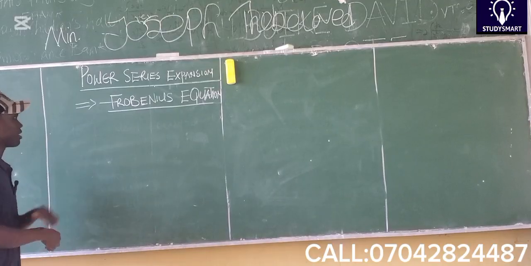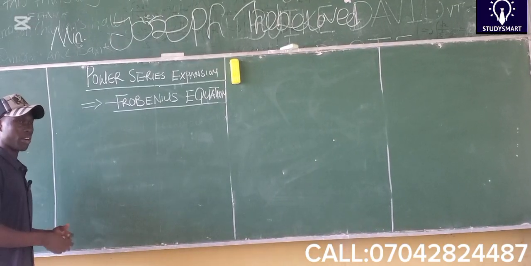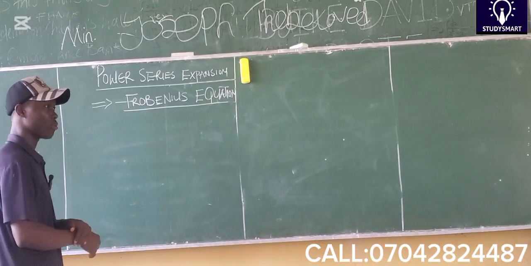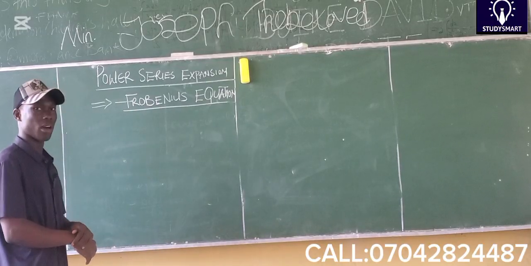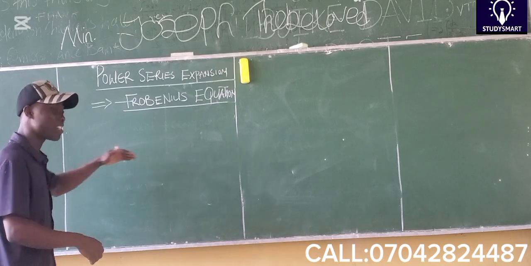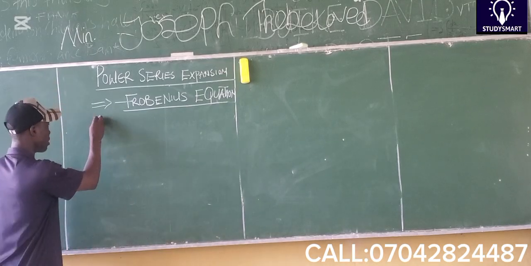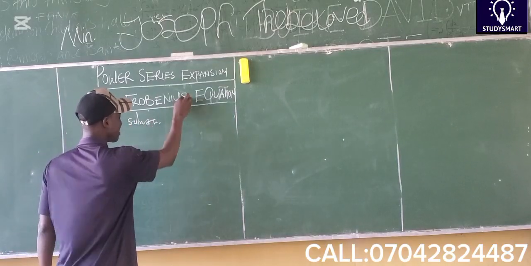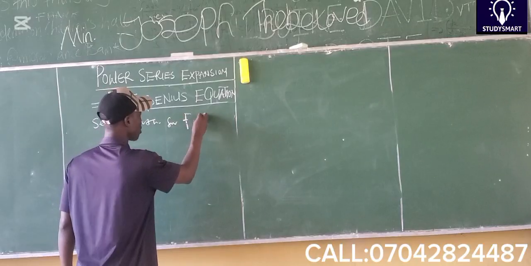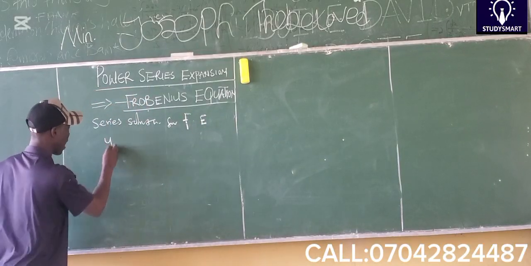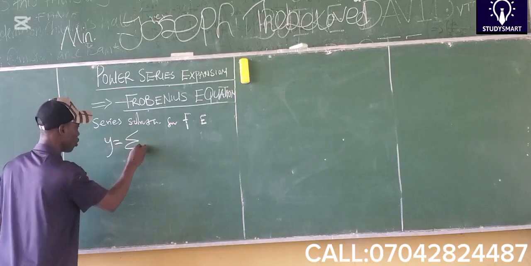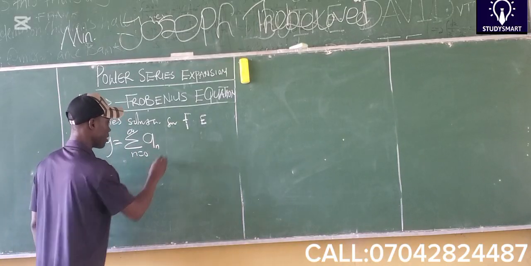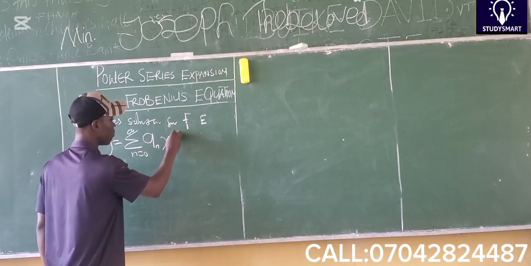Alright, before I give this example, I forgot to say something. I forgot to give you the expression for the series expansion for the Frobenius equation. The series solution for the Frobenius equation is y equals the summation from n equals 0 to infinity of a subscript n x to the power n plus r.